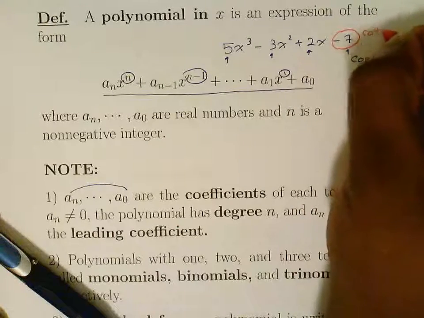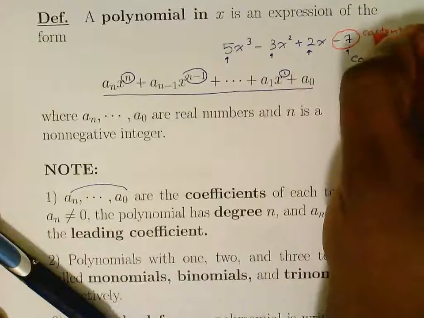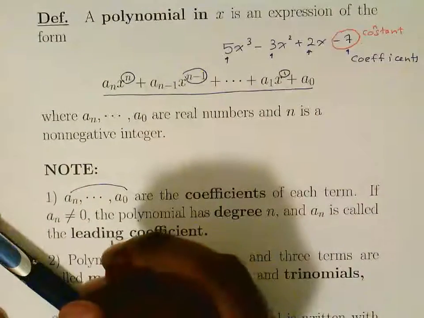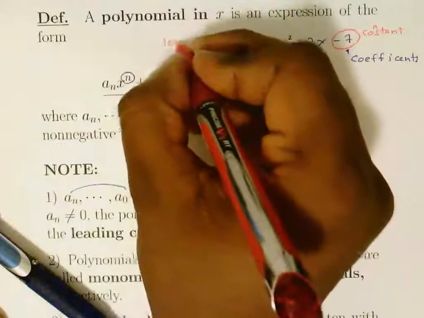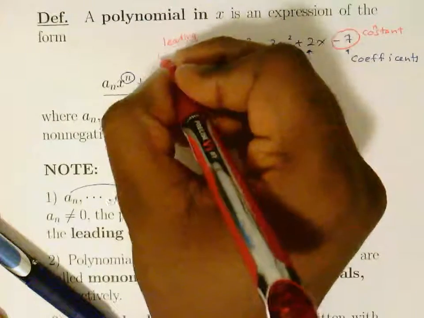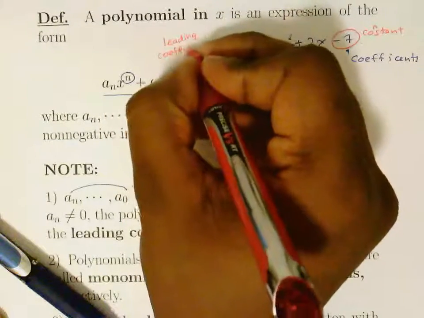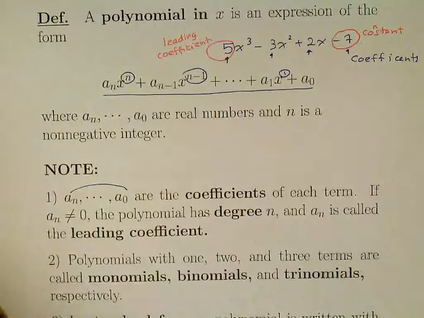It's just called the constant. And this first number also has a name. It's called the leading coefficient. Remembering the names of these concepts is somewhat important, because in the future, when I want to refer to it, I will just say leading coefficient and you should know what I'm talking about.